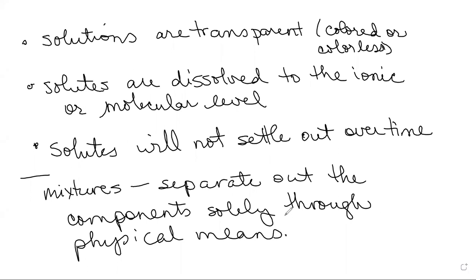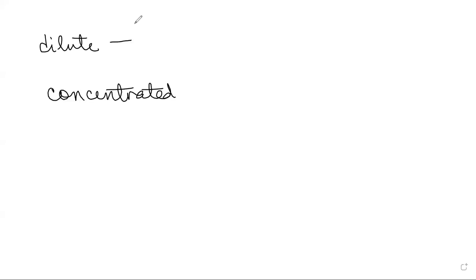Okay, so now that we know more about solutions, and in particular what we're going to be studying, the aqueous solution, what we do need to know is how do we describe them? And the way we can describe them is like this. I can have a dilute solution, or I can have a concentrated solution. Well, that's great. So what does it mean with a dilute solution?